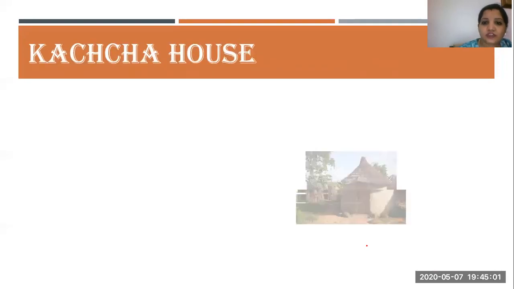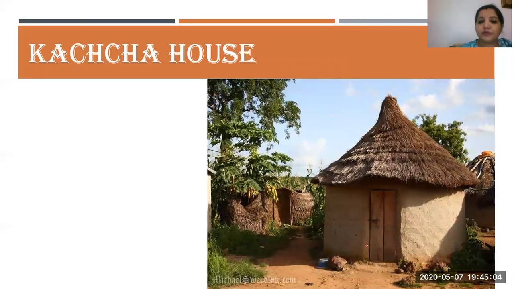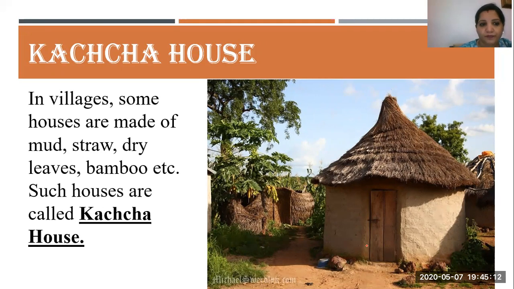Let's see what is a Kacha house. Here I have shown you an image of a Kacha house. As I told you, in the name itself it is there. Kacha house means which is not very strong. So we can find these types of houses in villages. Can you see this type of houses in Lekki or in Ikoi or in VI?